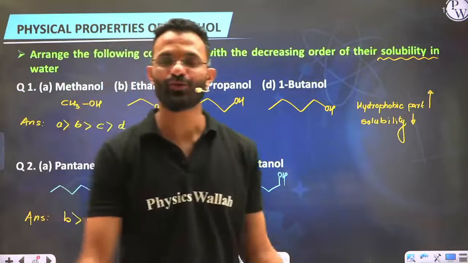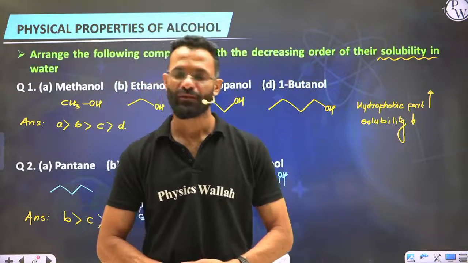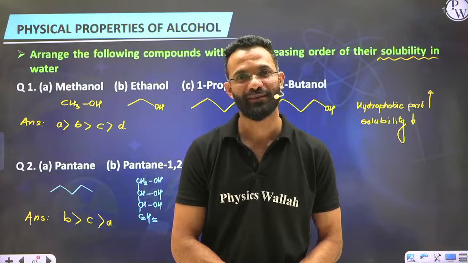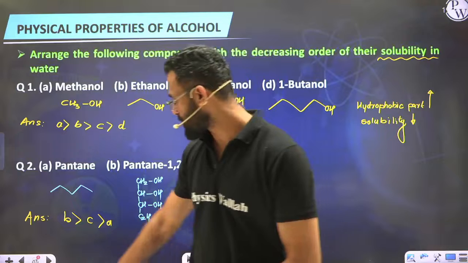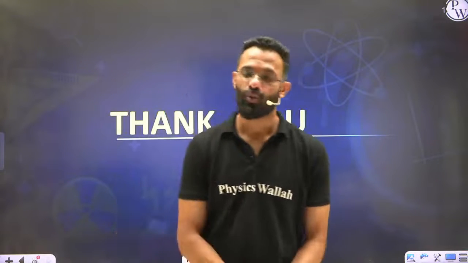So everyone, those were some questions based on the concept of boiling point of alcohols and solubility, which are some important physical properties which you may have in the examination, so we have covered them. So guys, that is it from today's class of alcohols. In today's class of alcohols, we covered some important reactions: syn dihydroxylation, anti-dihydroxylation, then alkaline hydrolysis of alkyl halide via nucleophilic substitution, followed by reduction of carbonyl compounds, catalytic hydrogenation, also metal hydride reduction using LiAlH4 and NaBH4 and their selectivity.